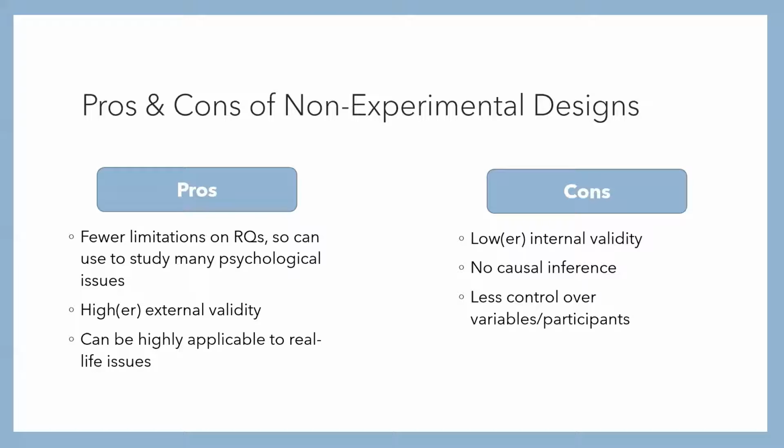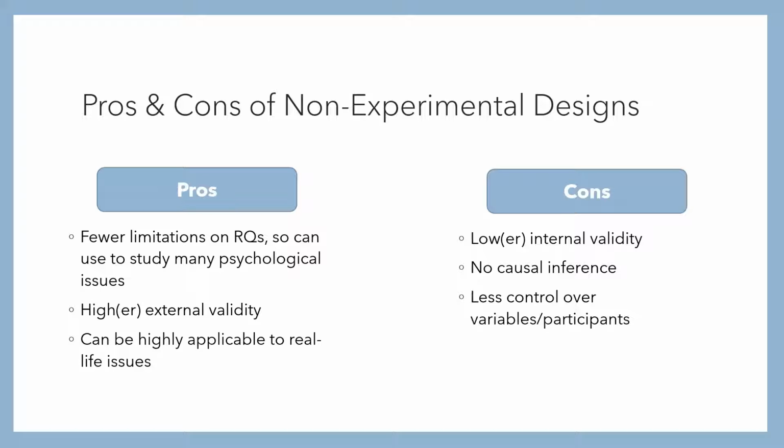Therefore, pros of non-experimental designs include fewer limitations on the research questions, since you can pretty much study anything that you want and you're not limited by needing to actually manipulate the independent variable yourself, which, as we've talked about now, it's difficult to do with some research questions.